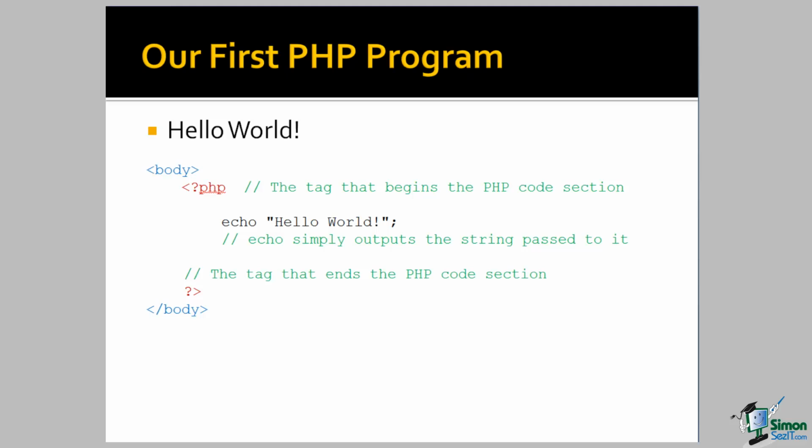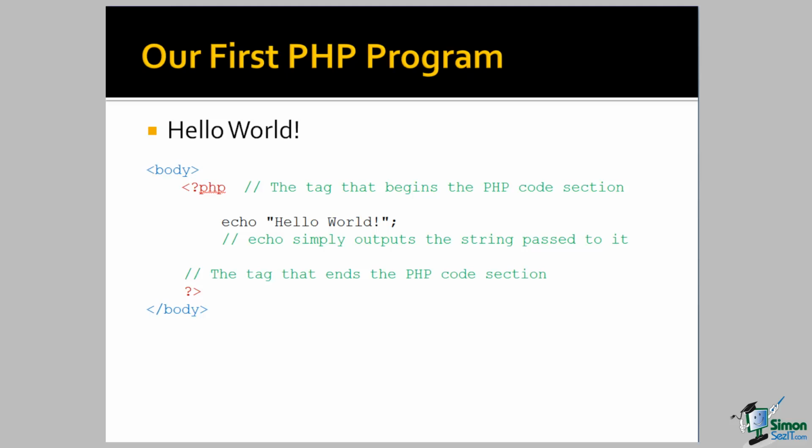So here it is in PHP. Again, this would be embedded within an HTML document. So within an HTML document body tag, we have this PHP code snippet, this piece of script. And you'll notice again the beginning tag that identifies for the preprocessor that this is PHP code, that this is the beginning of a PHP code section.